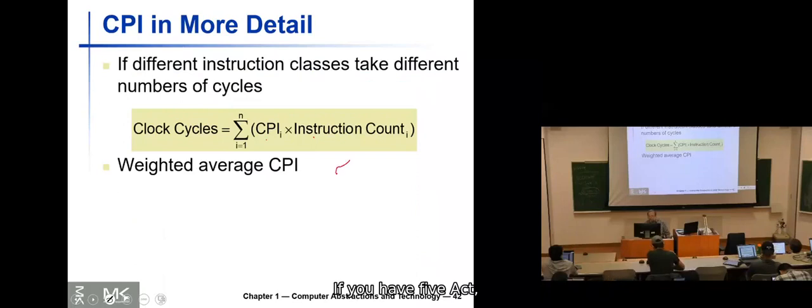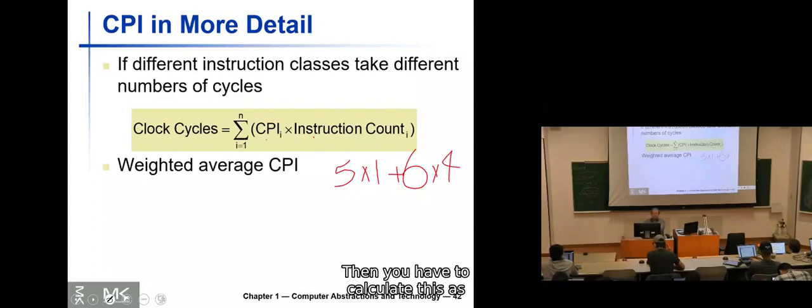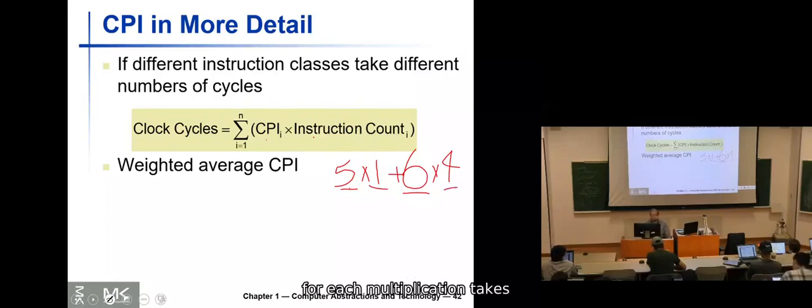If you have 5 add, each taking 1 clock cycle, plus 6 multiplication, each taking 4 clock cycles, you calculate 5 times CPI of add, which is 1, plus 6 times CPI of multiply, which is 4.